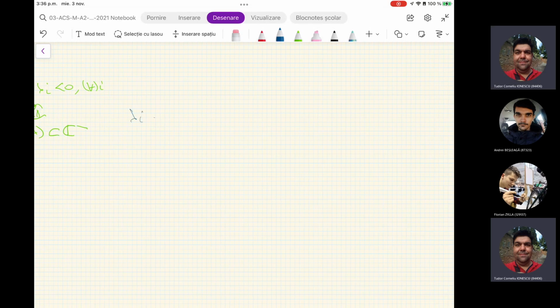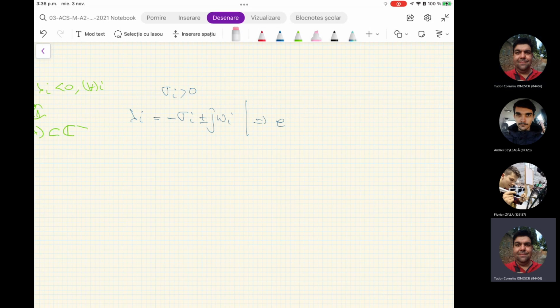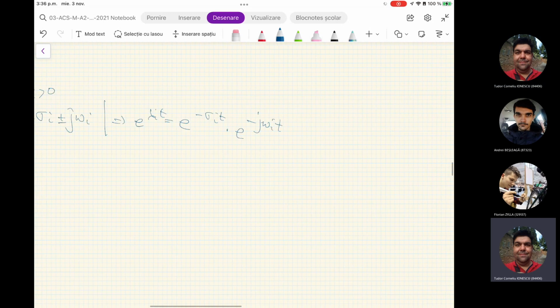If lambda_i is minus sigma_i plus or minus j omega_i, with sigma_i positive, then the exponential of lambda_i t is the exponential of minus sigma_i t times the exponential of minus j omega_i t.